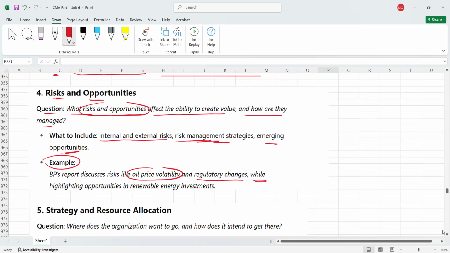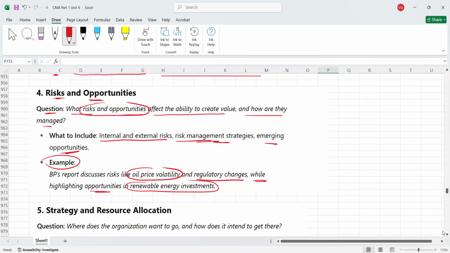You will also highlight the opportunities, for example renewable energy investments. So you have to simply explain about risk and opportunities here.